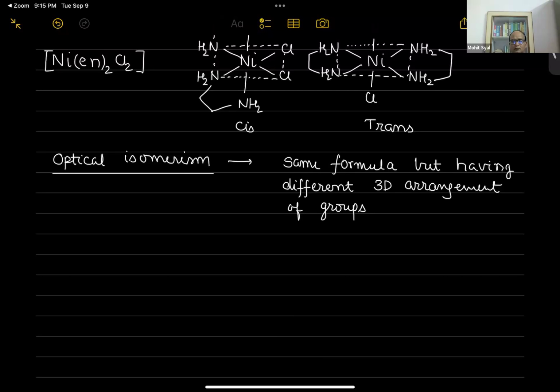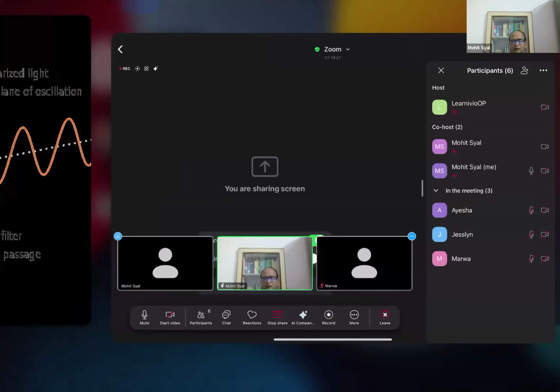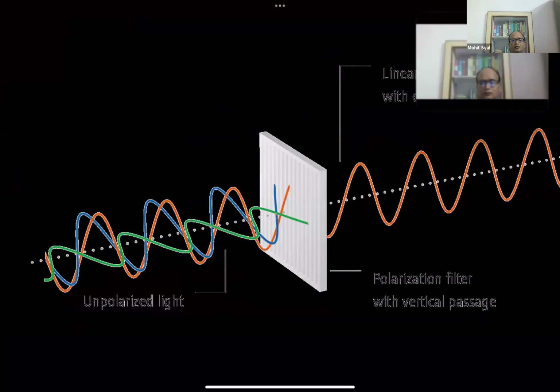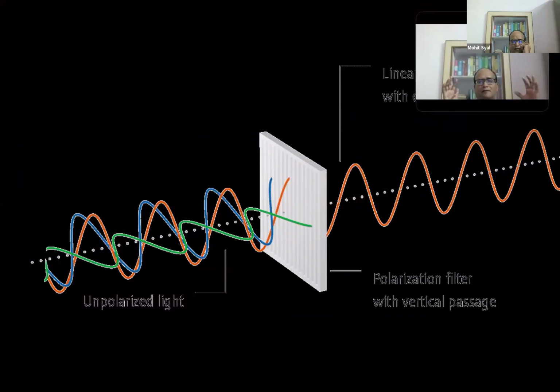So just a second, let me share the screen. This is the internal setup of a polarimeter. Can you see?